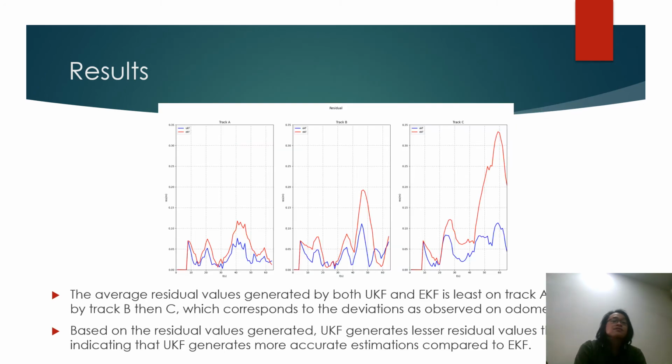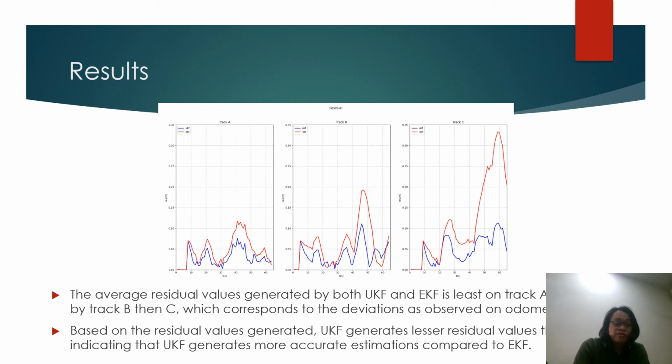Moving on with results, we have the residual data generated from the tests. On the residual plotting, the blue line indicates UKF and the red line indicates EKF. From track A to track C, with increasing turning difficulty, the residual value generated by both UKF and EKF also increases.